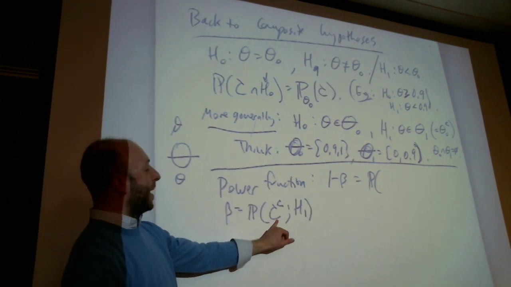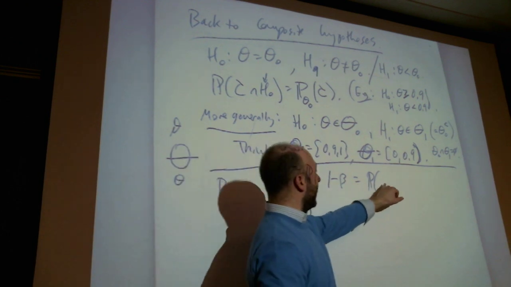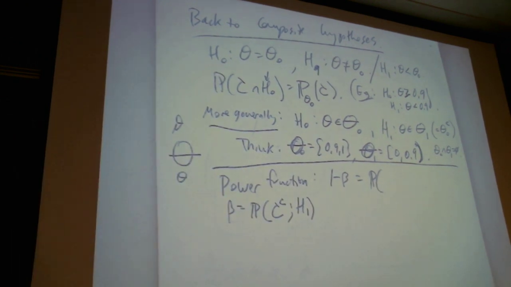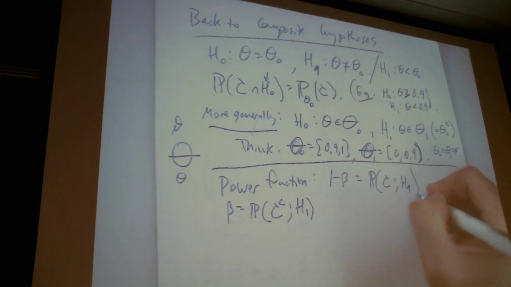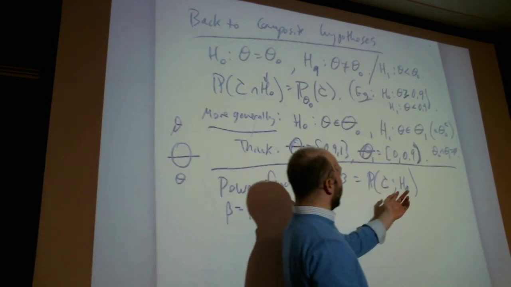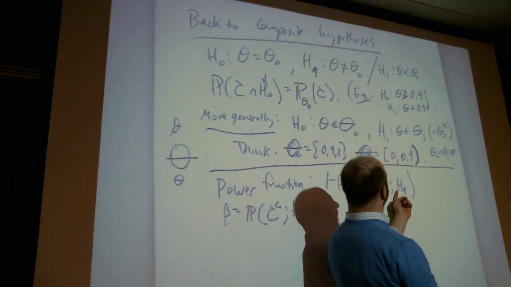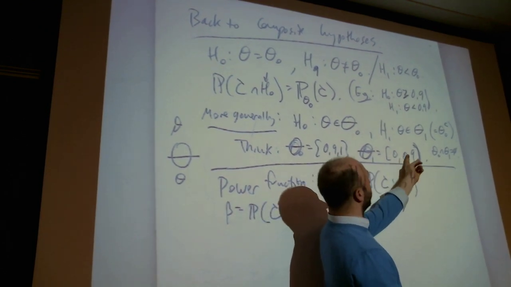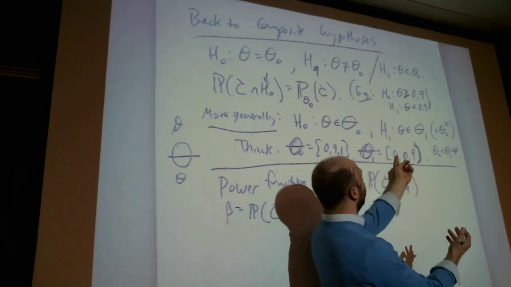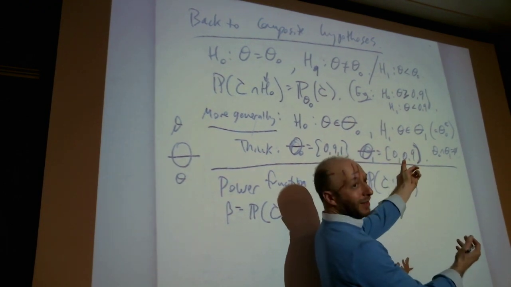So 1 minus beta is that you're in the critical region, and H1 is true. But of course, H1 being true, there's not one value of this probability. There's a range of possible values, depending on how true H1 is, or where in H1 this parameter theta is.